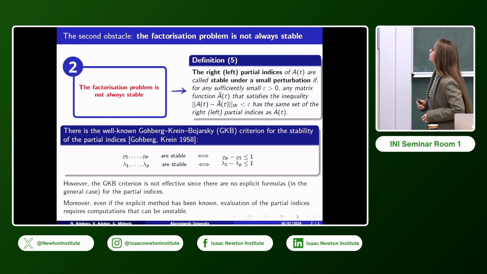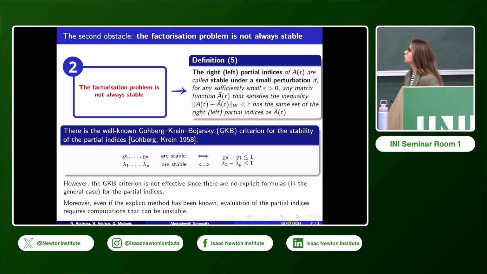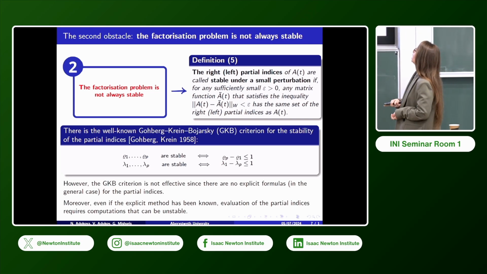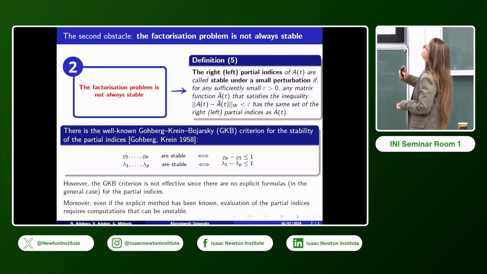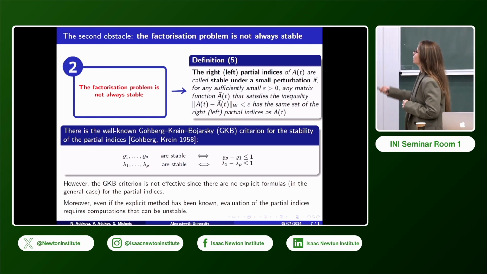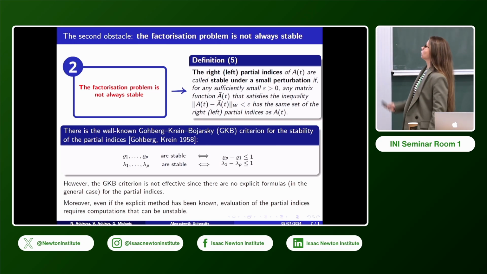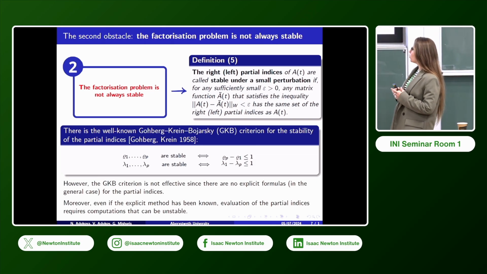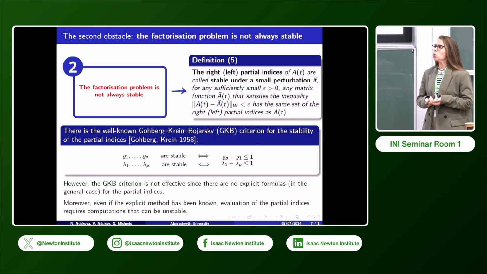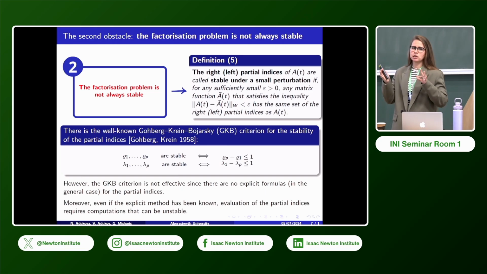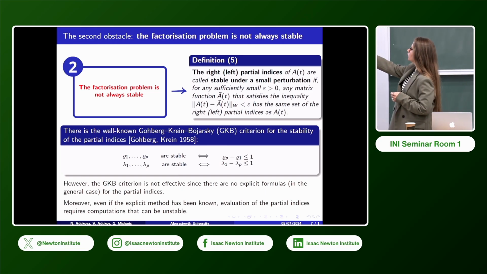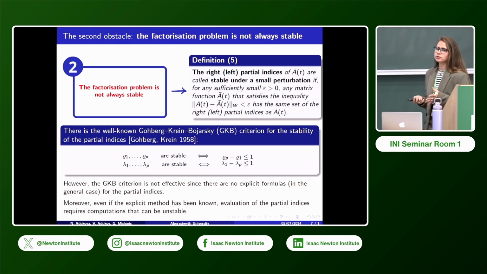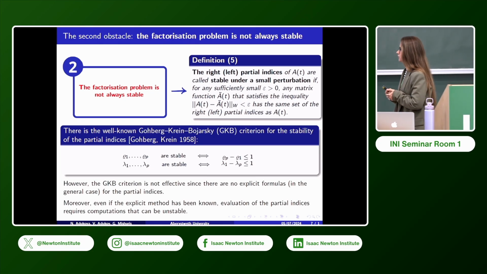So let's move to the second obstacle. The factorization problem is called stable when the partial indices are stable under a small perturbation. Here you can see the definition for it. So there is a question: how can we understand when partial indices are stable or not? There is a well-known criterion, the GKB criterion, for the stability of the partial indices.